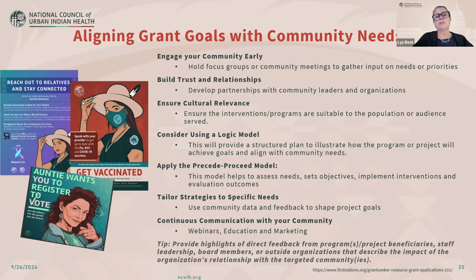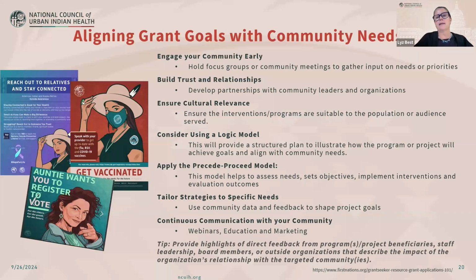Tailoring your strategies to the specific needs identified through community data and feedback is crucial. This approach ensures that your project goals are responsive and relevant. Maintaining continuous communication with your community through various channels such as webinars and educational initiatives helps keep everyone informed and engaged, and it will also allow you to gather ongoing feedback and make necessary adjustments to your project.